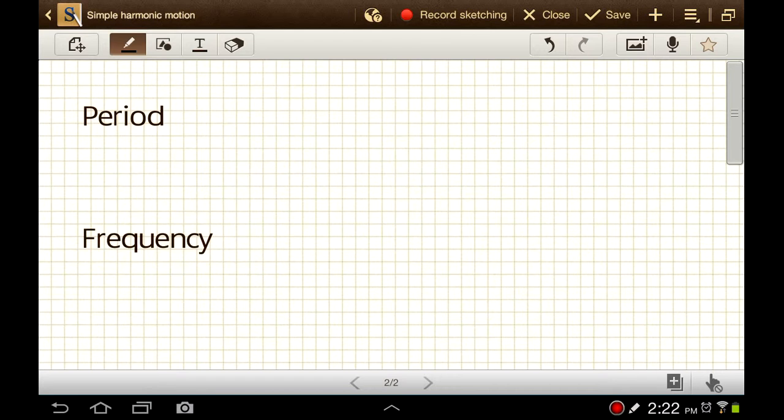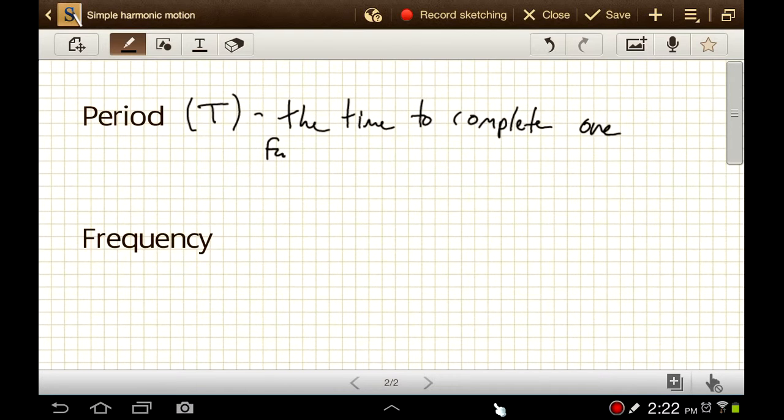So the period, and for period, we use a capital T when we need to write this in an equation. The period is the time to complete one full cycle. So for example, the period of the moon's phases is 28 days.